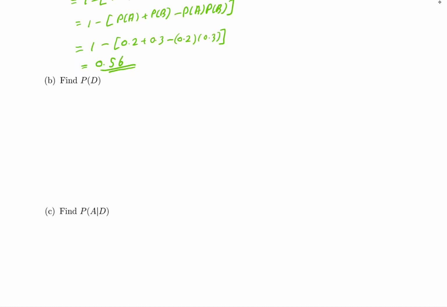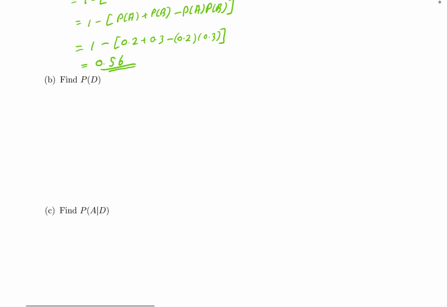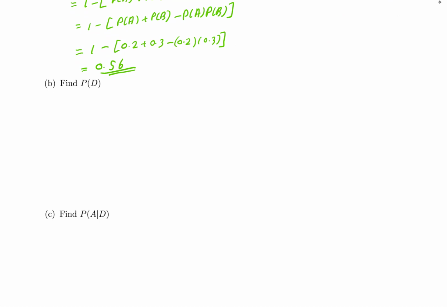Next one, find the probability of D. What is D? D is the event that exactly one of A or B occurs. If you cannot write it out, just draw a Venn diagram.